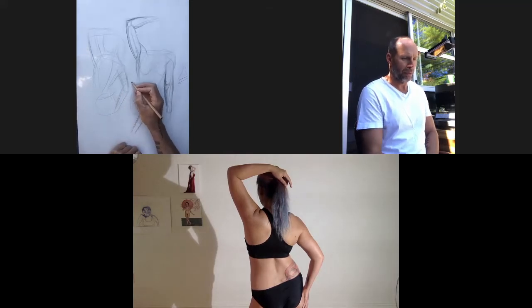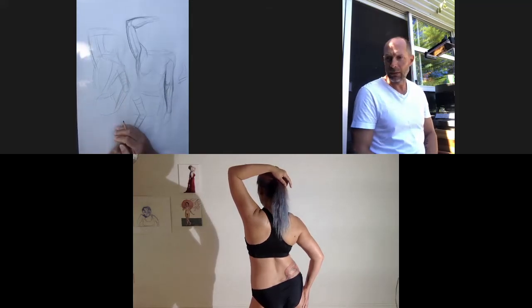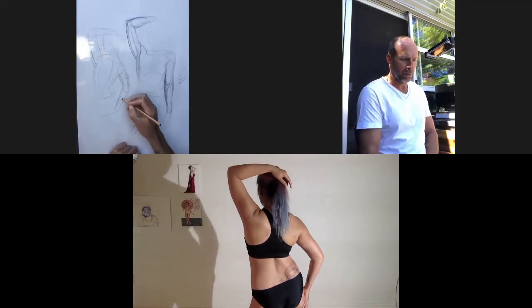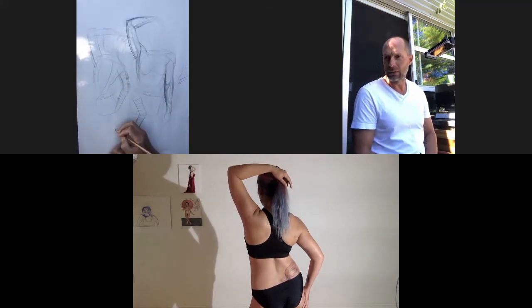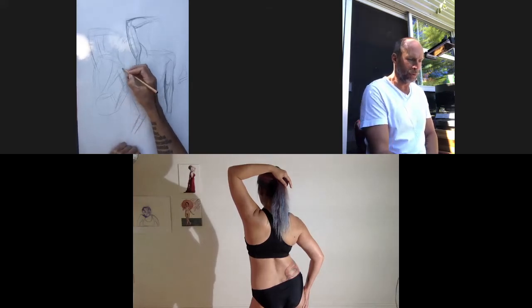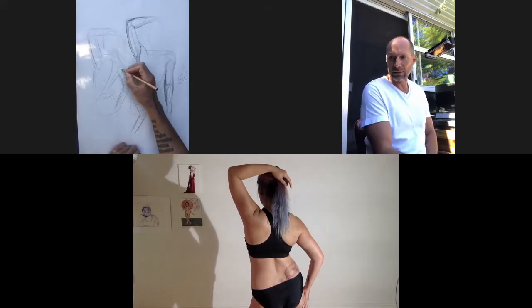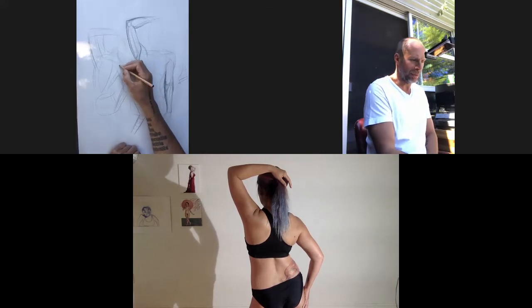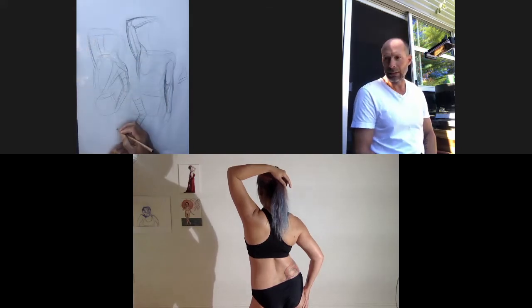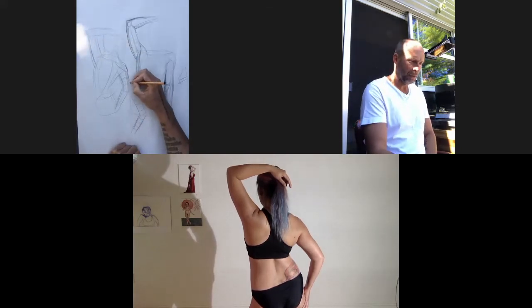Here we've got a volume that's moving kind of like that, which means that this overall volume of that section of the trapezius is going to look, or sorry, your tricep is going to look like this. And your deltoid, because it has to, again, relate to the outside of your arm, that deltoid has to be going in behind your tricep and attaching to the outside of the arm.